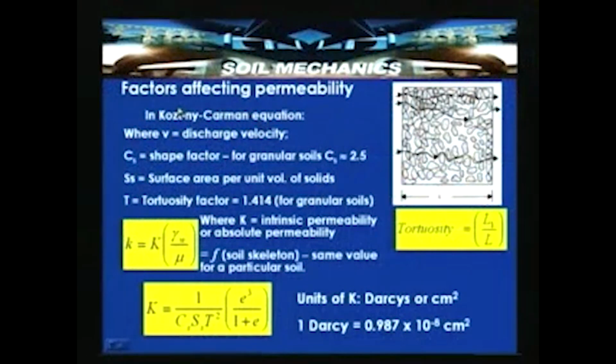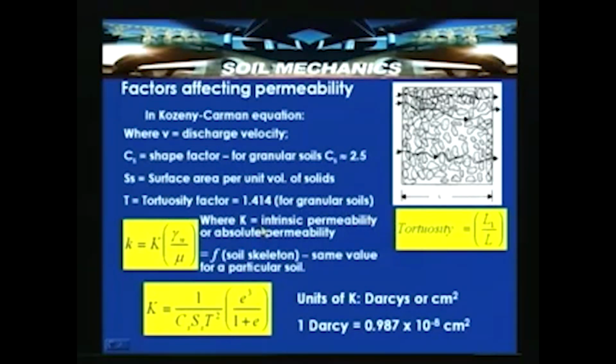So, factors affecting permeability, in the case of the Kozeny-Carman equation: the soil is assumed as an assemblage of particles, and the flow can take place in a microscopic way through a tortuous path. This particular length of the flow passing through the contact points of the solid grains is called the tortuous path.